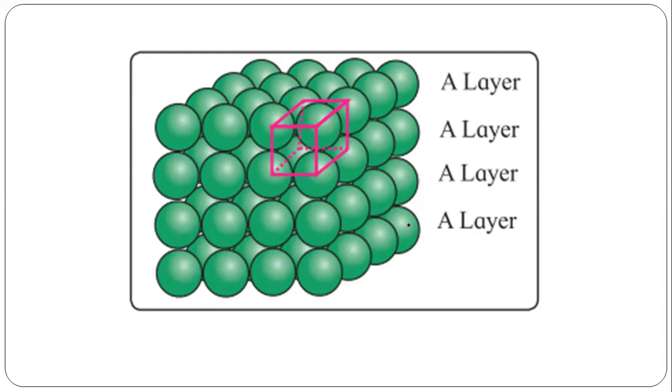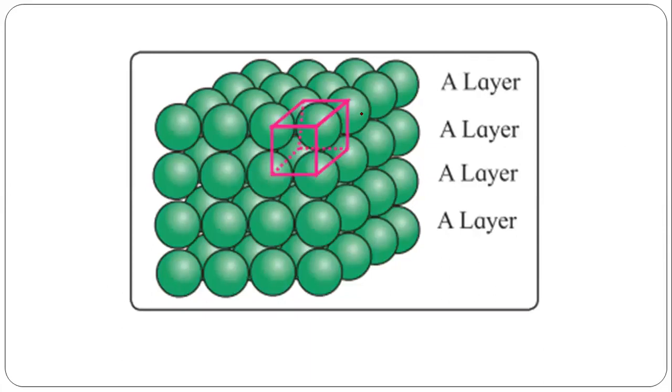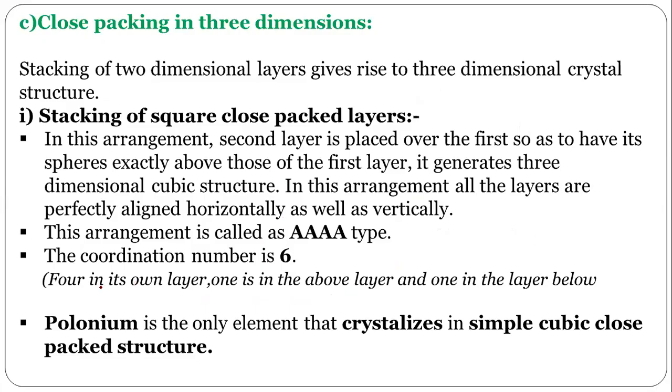Only above this, we put another layers: the second layer, third layer, fourth layer. The main important thing in three-dimensional close packing is that the coordination number is 6, because any sphere is in touch with 6 spheres. Four are in its own layer, one is above and one is below.